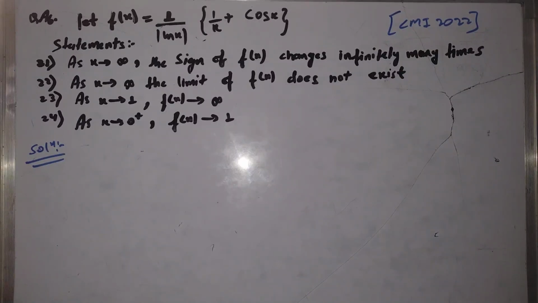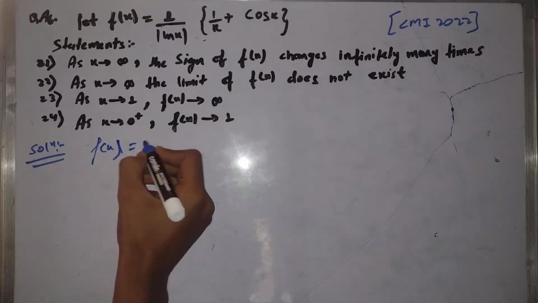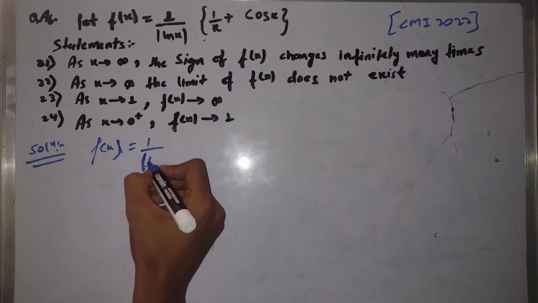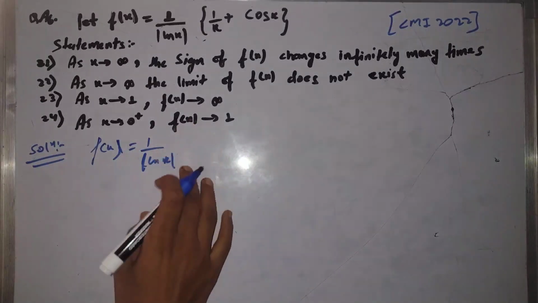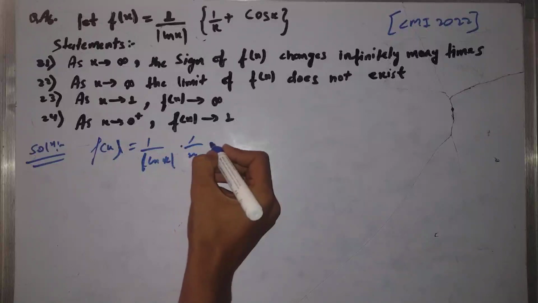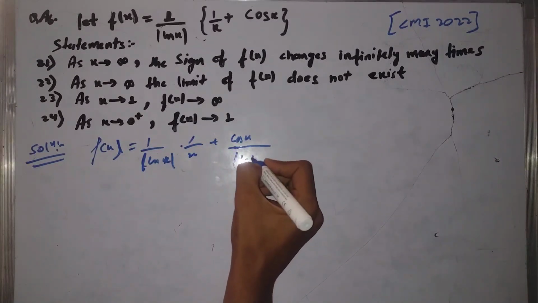First let's write the function f(x) equals 1 upon modulus of ln x, and I'm going to multiply it, so this is 1 upon x plus cos x upon modulus of ln x.